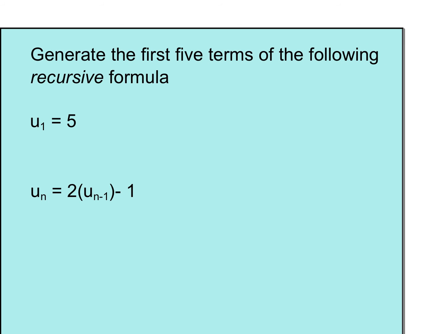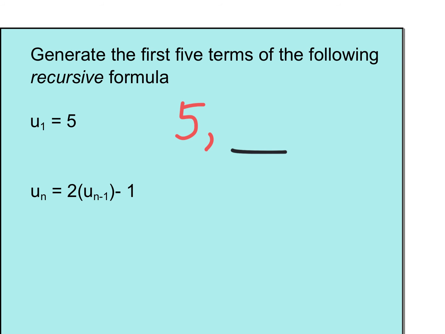What is this one doing that none of ours ever did before? Did they tell us what to start with? Yes. What got weird is it's 5 and then what's the next term? Well, it's not just like subtract 1. You know what's going on? Want to know what's happening?